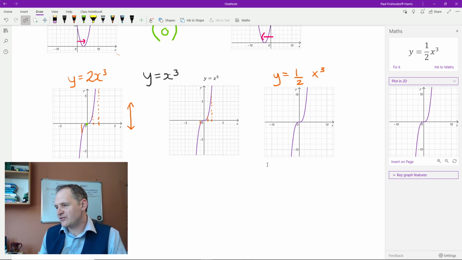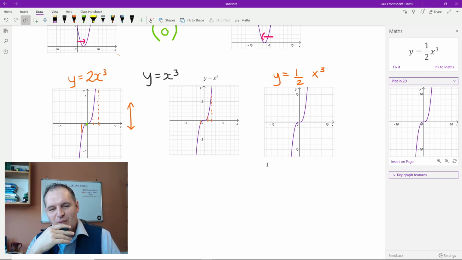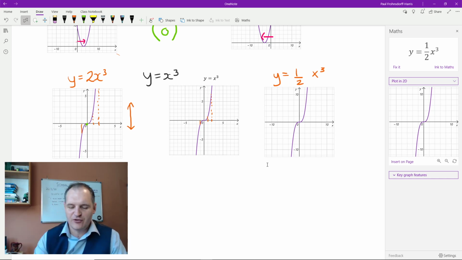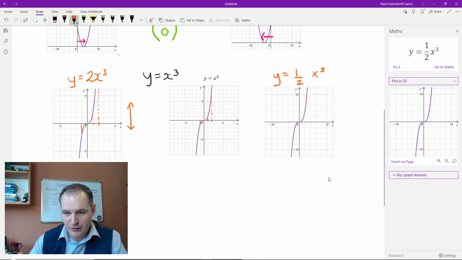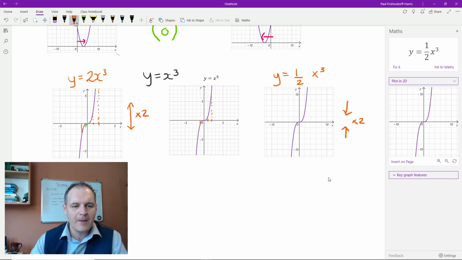This is all the stuff I've been describing. What a nightmare. So, you can see here we've got y equals x cubed, and we've got y equals 2x cubed, and y equals half x cubed. And you can see this one on the left has been stretched apart, and this one on the right has been sort of squashed together. It's meant 2 times smaller, and this one's 2 times bigger.